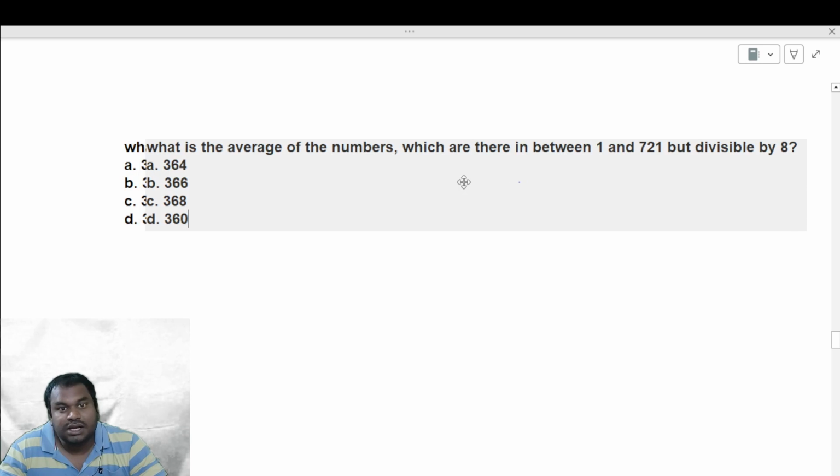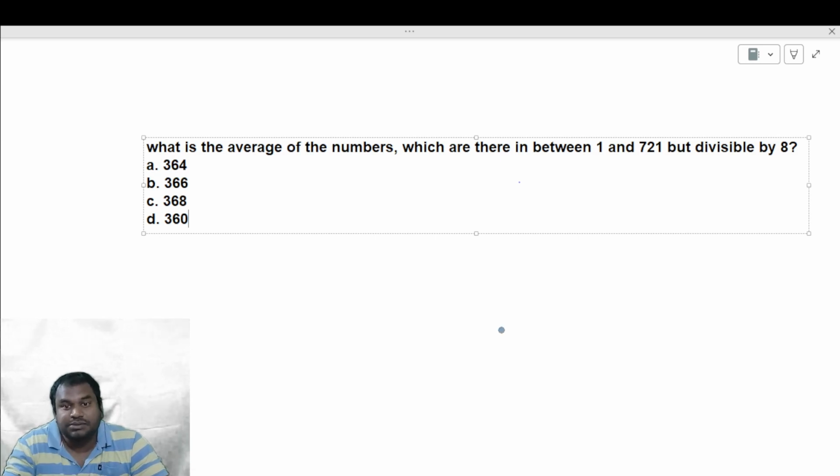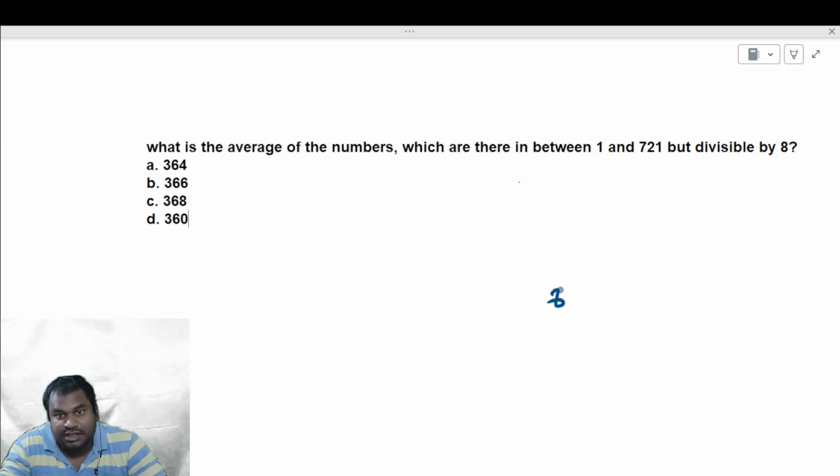So after 1, which number is divisible by 8? 8 itself. Okay. Next, add 8 to it, 16, 24. Like that it will go.